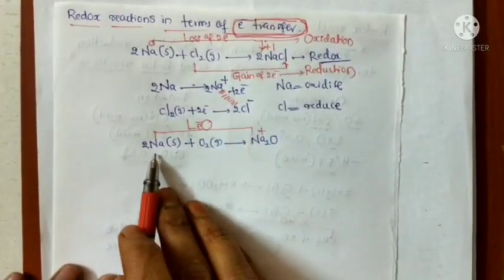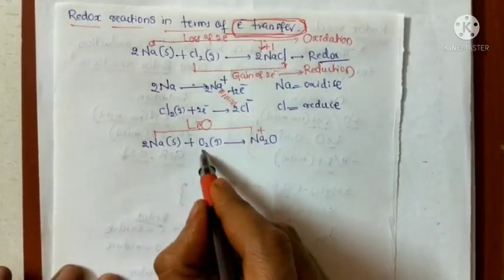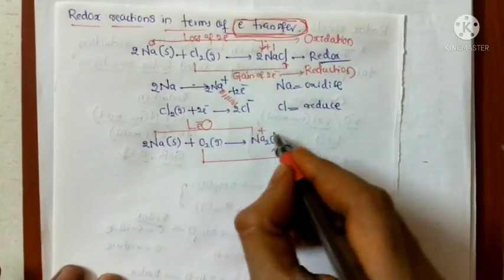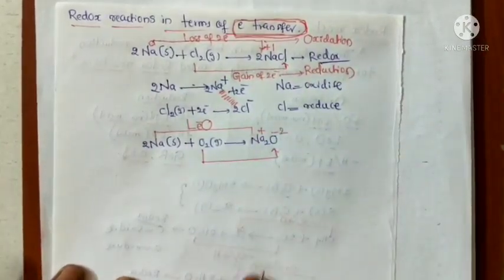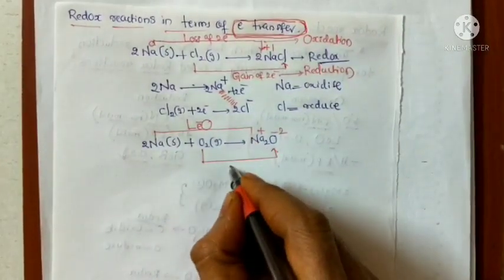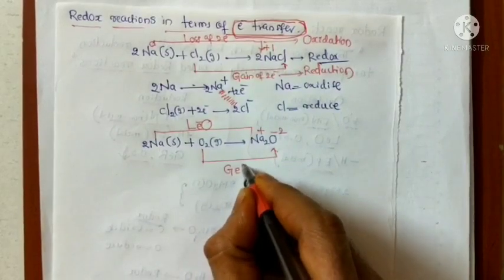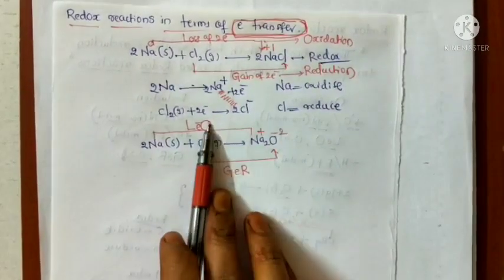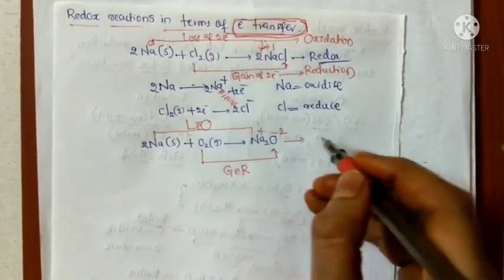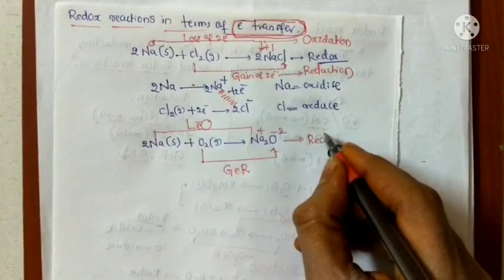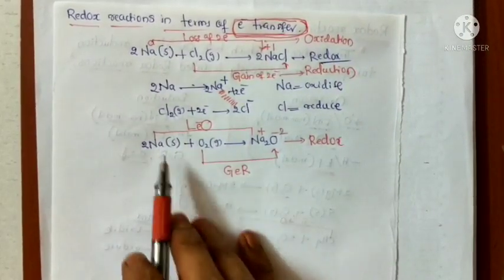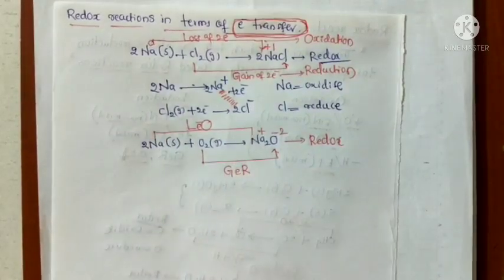How many electrons are lost here? 2 electrons. And oxygen, a neutral atom, becomes O minus 2, that means gain of electrons, which is reduction. So oxidation as well as reduction occur simultaneously, which is why it is also called a redox reaction. The oxygen is reduced and the sodium is oxidized.